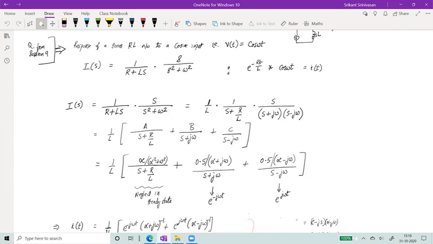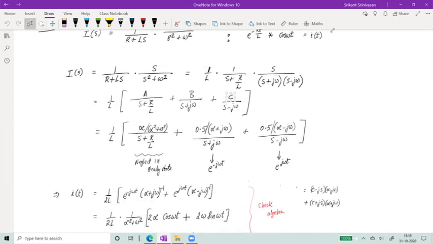Using the method of residues, I get the 1 over L common prefactor out, and the rest of the terms have factors A, B, and C, which are called the residues. We calculated the residues by plugging in values: in one case S is minus R by L, in one case S is minus j omega, and in one case S is plus j omega. By plugging these values into the original transfer function, we were able to get the residues.